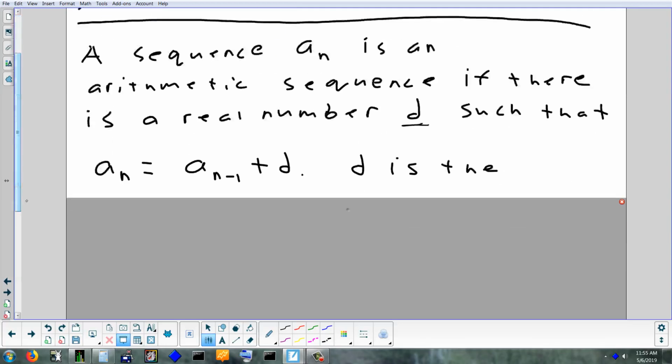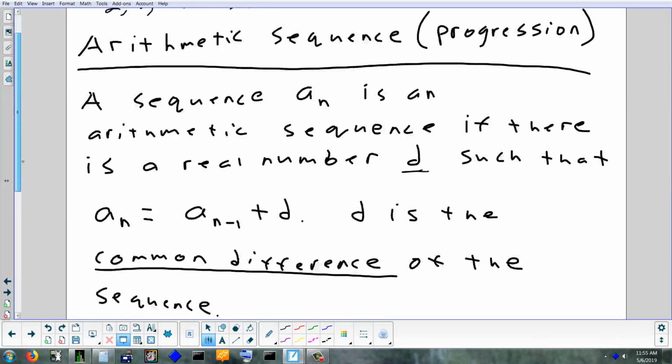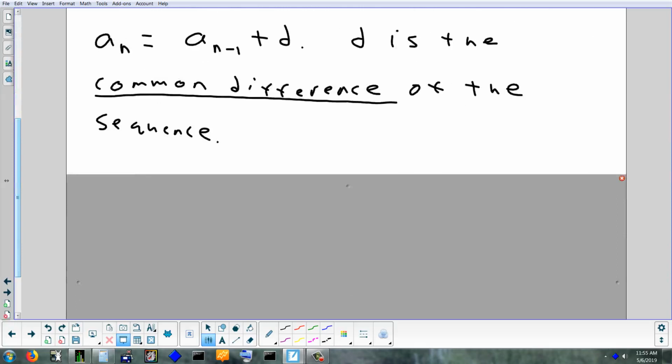That's why we use the letter D. So D is the common difference of the sequence when you subtract a term and the one that came before it. So as long as you know two things, if you can tell me what the common difference is, and you can tell me the first term that you started with, you can come up with a formula.